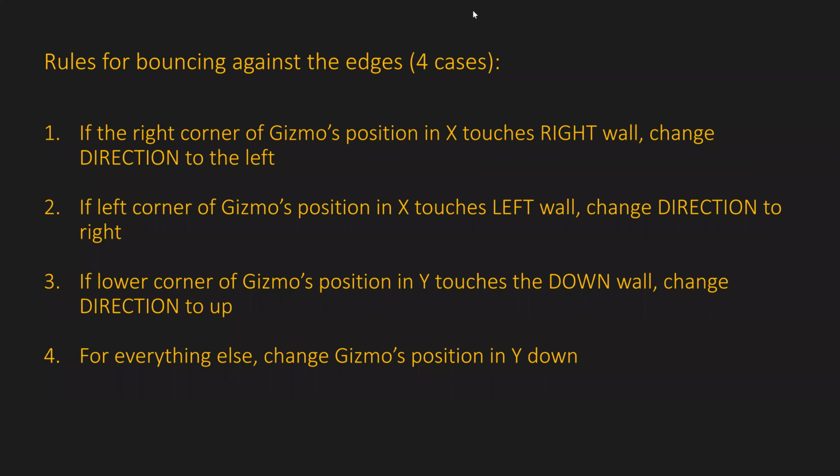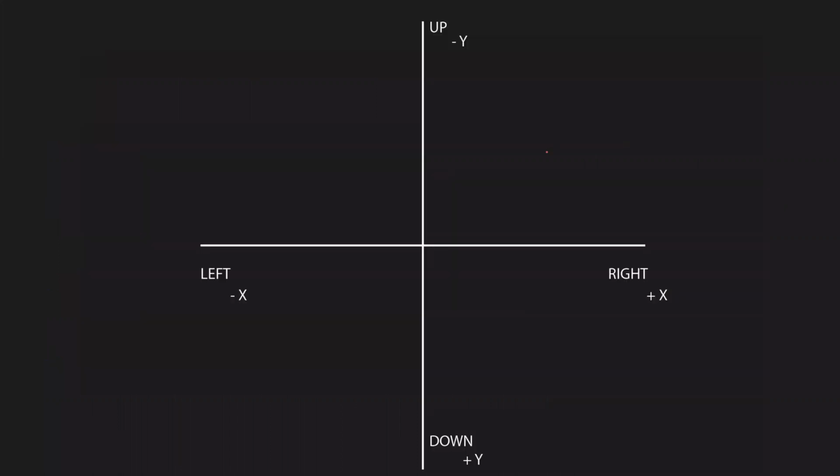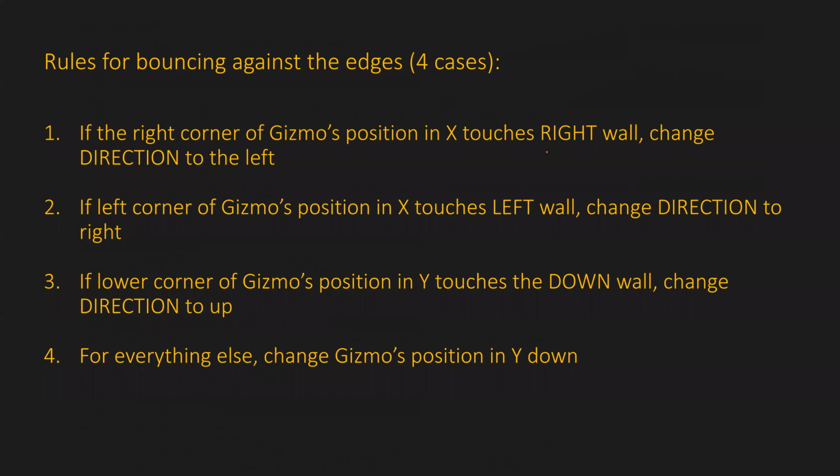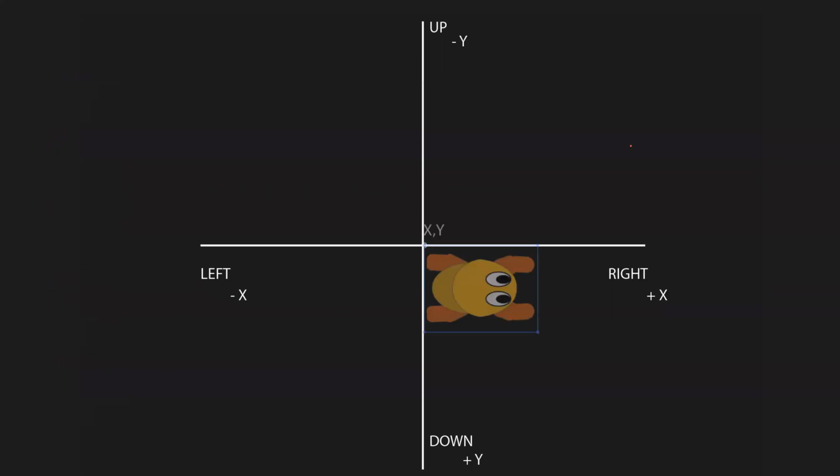If the right corner of Gizmo's position in X touches the right wall, then a change of direction has to happen to the opposite direction, which is left.